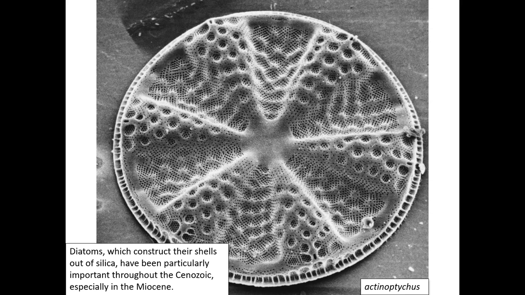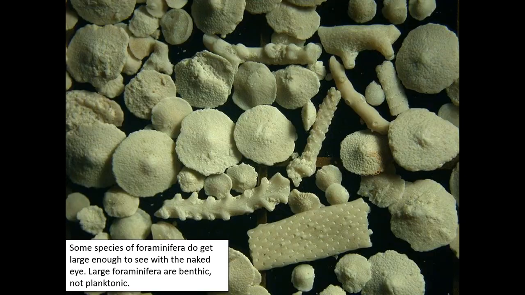If you weigh too much, you're going to sink. However, there are some that are large enough to see. These are benthic forms of foraminifera. They're protozoans, not animals, in the foraminifera family, and they are large enough to actually pick up and hold and see.